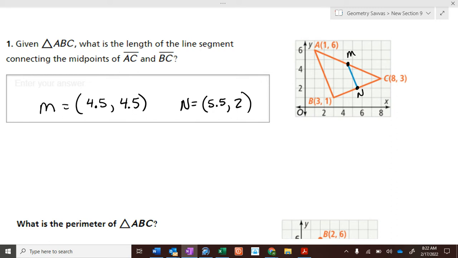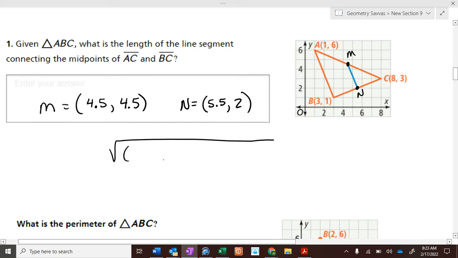Before we were using the Pythagorean theorem because it was easiest for us, but now, because we have all these decimals, I'd use the distance formula. The distance formula, you subtract the two x values. So you go 5.5 minus 4.5, and you square it.